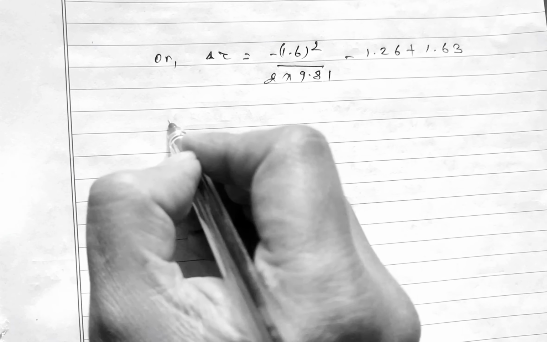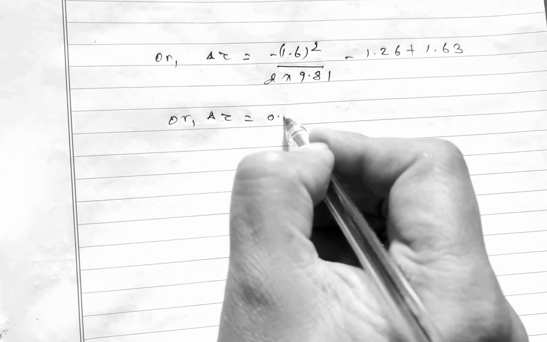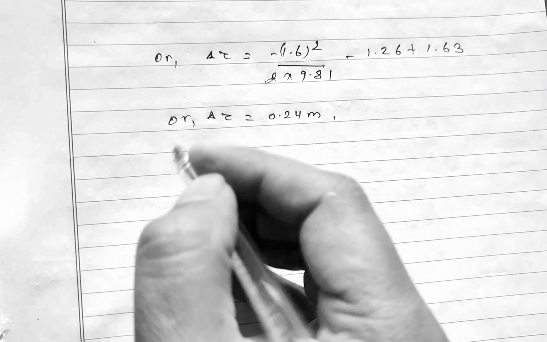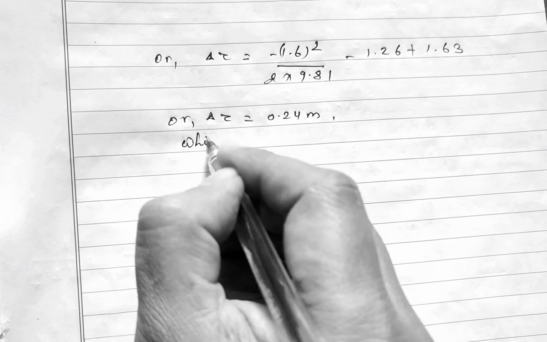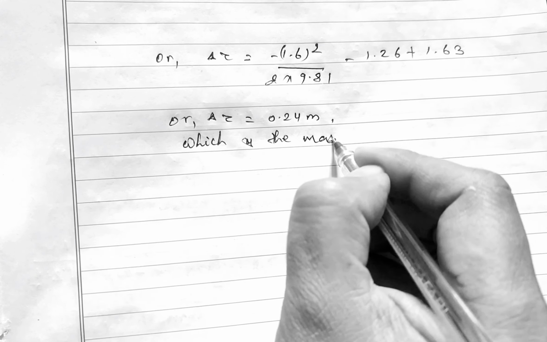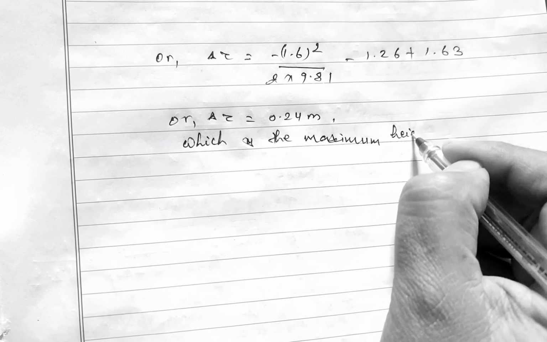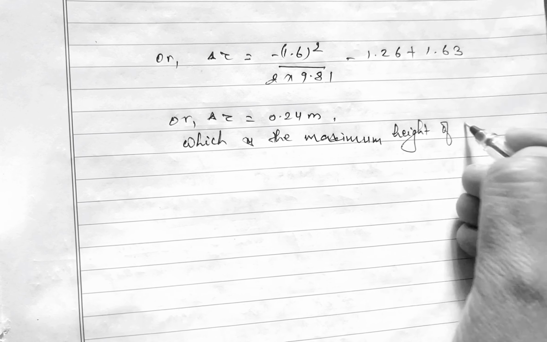On solving this, the value of del z equals 0.24 meter, which is the height of the hump.